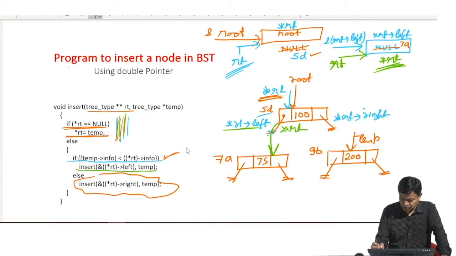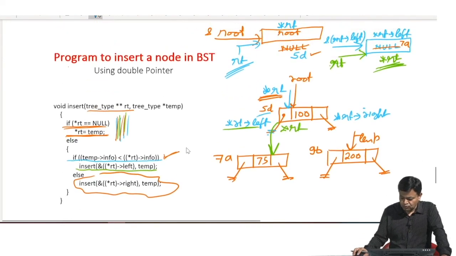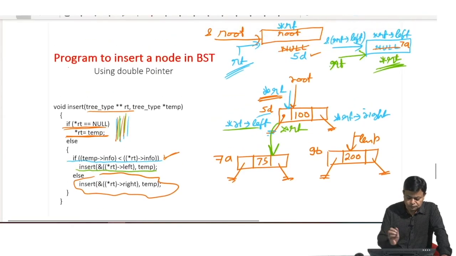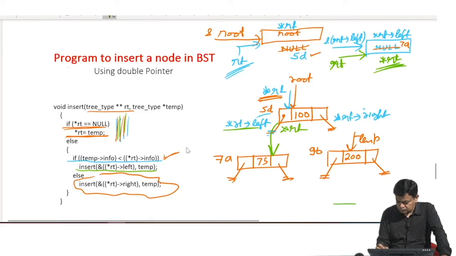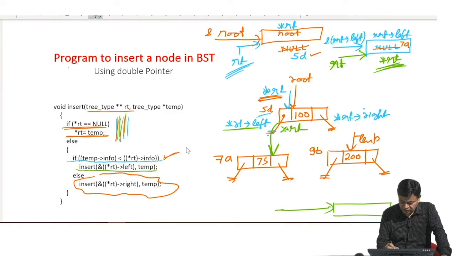I am not passing this, I am passing its address. Okay. So, if I again draw a diagram, let me draw a diagram here. So, what am I passing? I am passing the first insert's address of *rt->right.